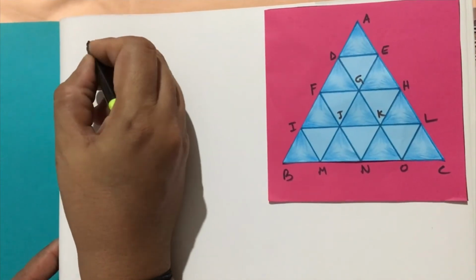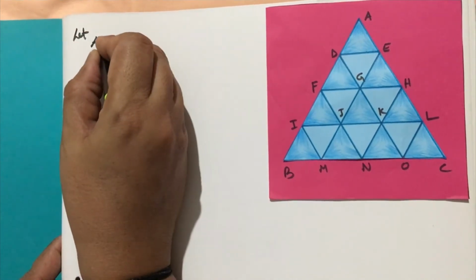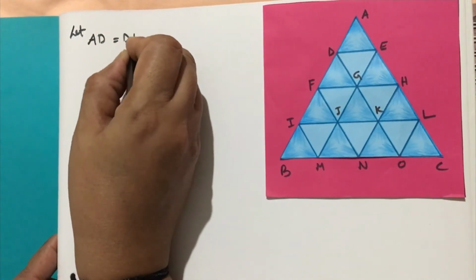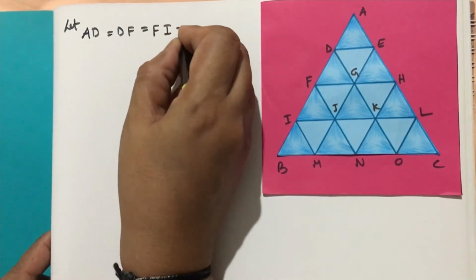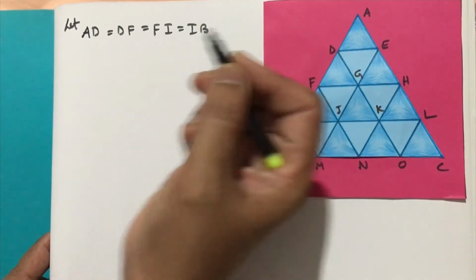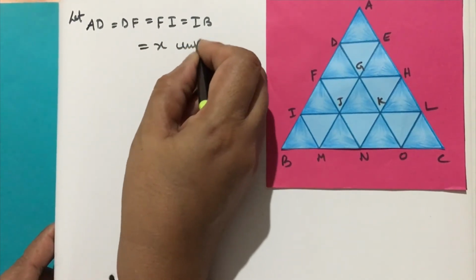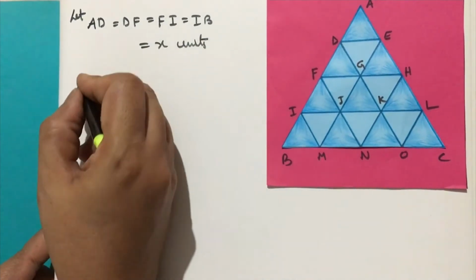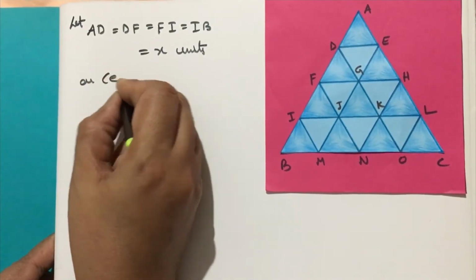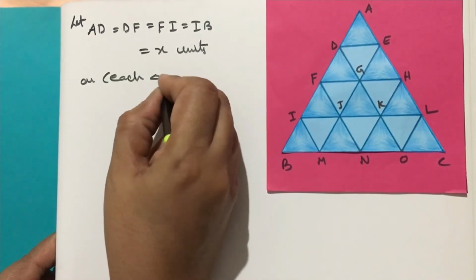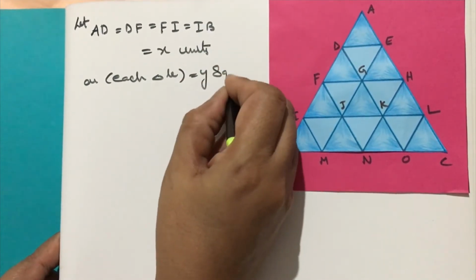Let AD is equal to DF is equal to FI is equal to IB is equal to x units, and the area of each triangle I am taking as y square units.